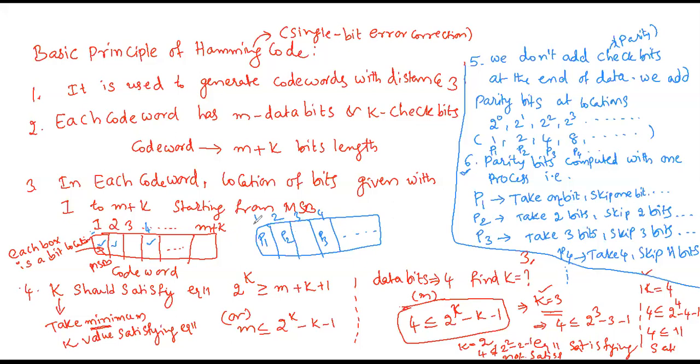In the place of some locations, we have the parity bits, so the parity bits may also get corrupted. We will see how to handle that in the next class. We can also rectify the error which occurred in the parity bits.